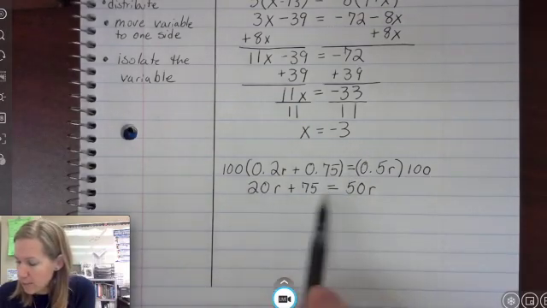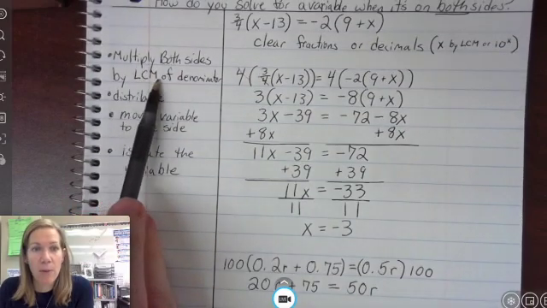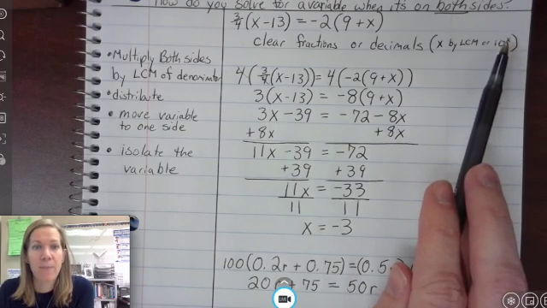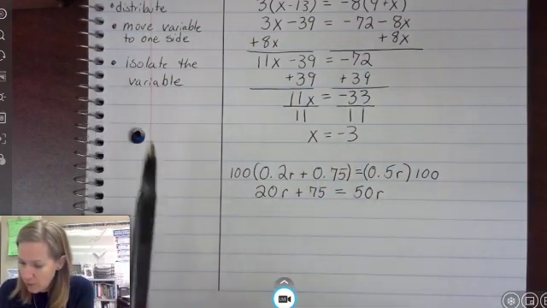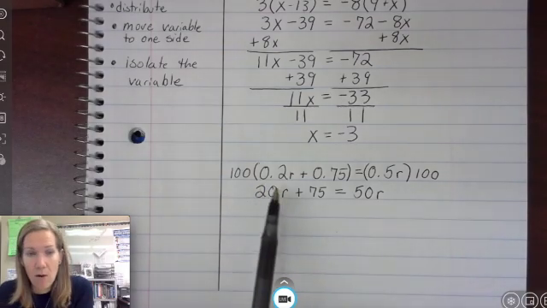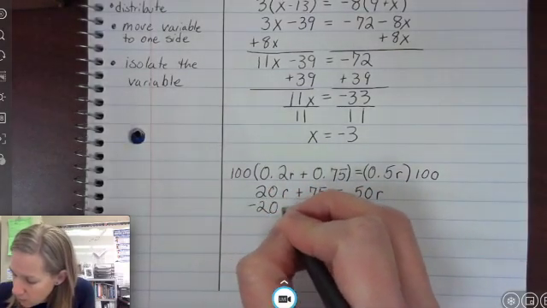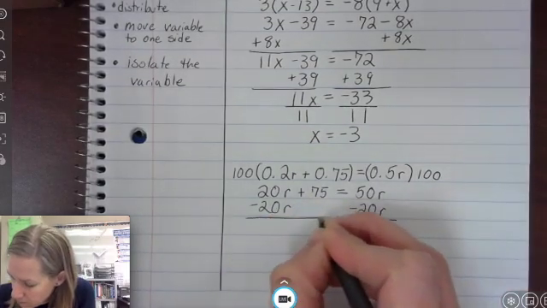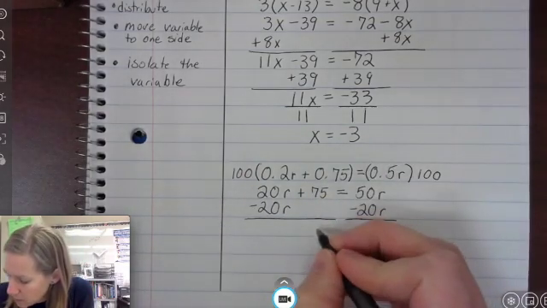Okay. So instead of multiplying by the lowest common multiple, we multiplied by a power of 10. So this was 10 to the second power. But we're going to follow the same steps after that. So there is no distribution that we have to do, so we have to move the variable to the same side. In this case, 20r is the least coefficient on r, so I'm going to subtract 20r from both sides. 20r minus 20r is 0, so that's cleared, and we're left with 75 on this side.